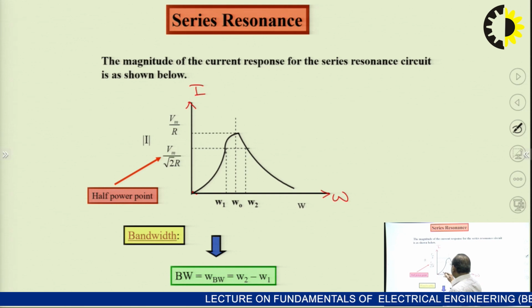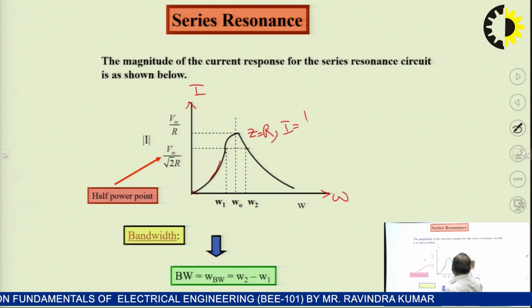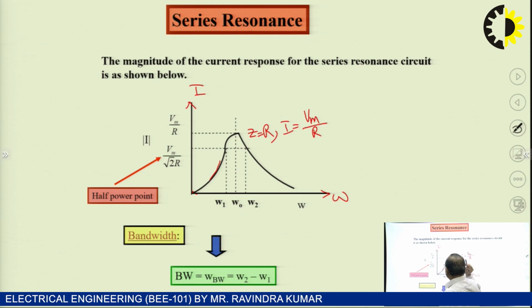When we increase the frequency, current increases simultaneously like this, and at this point the current is maximum since impedance is minimum, Z equal to R, and current is supply voltage magnitude upon impedance R. So, that is maximum current this time, and this is the condition for resonance. So, we get resonance frequency corresponding to this.